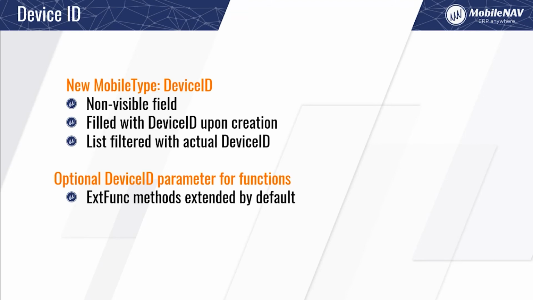Those extension methods are also extended with this device ID parameter. So if you use an extension function, then you already receive this device ID. But of course, if you just use it as a parameter on your custom function, you can also have the device ID from the device when that button is being pressed.